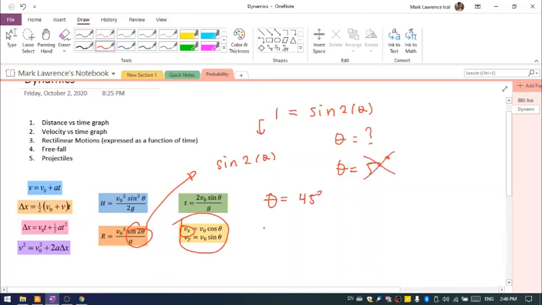So sine 2 times 45. Sine 2 times 45 is 0.999. We're really weird, no? Okay, sine 2 times 45 is 0.99. Really weird. Why can't we use 1? Anyways, that's a very interesting question, isn't it?